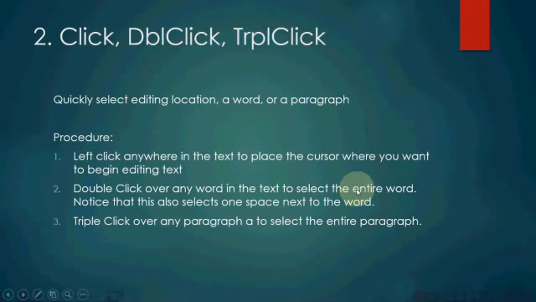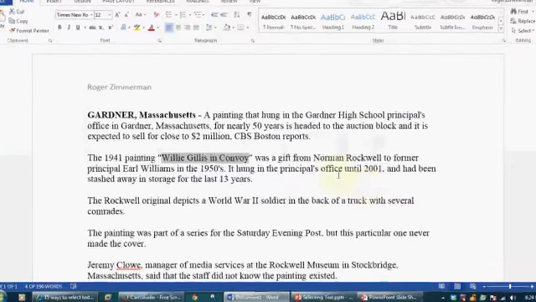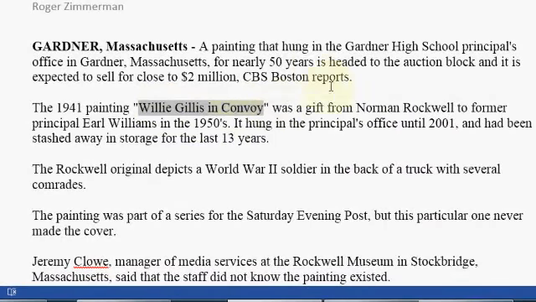The second method is clicking, double-clicking, and triple-clicking. So let's go back for a moment to my document. I've already got this selected, so I'm just going to click somewhere else outside of it to release that selection. And now I want to show you what click, double-click, and triple-click does. Let's just pick a word.